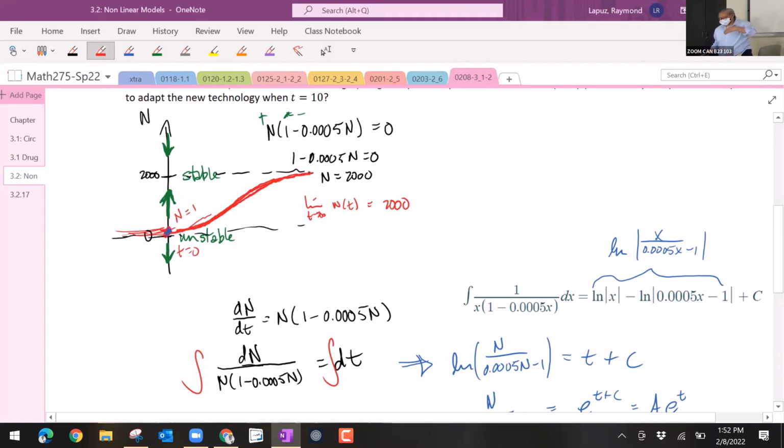We know it's not going to go beyond 2000, or below 0, because those are the rules for autonomous differential equations: your functions have to be between two equilibrium points. And your functions are either strictly increasing or strictly decreasing. And they have to hit the asymptote. So all the graphs are going to be shaped like this, regardless of what your starting point is.